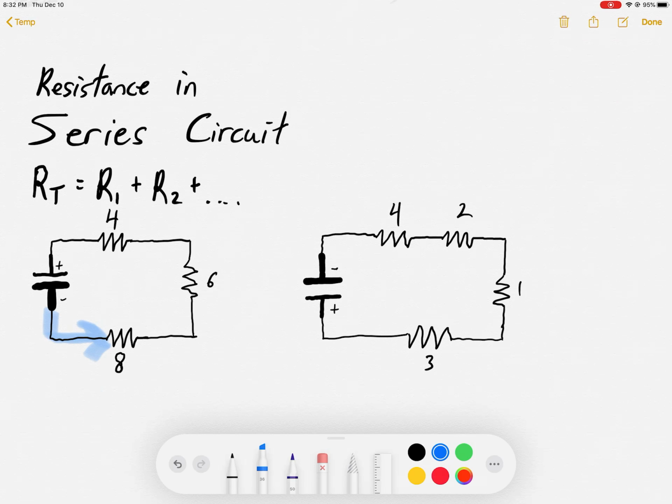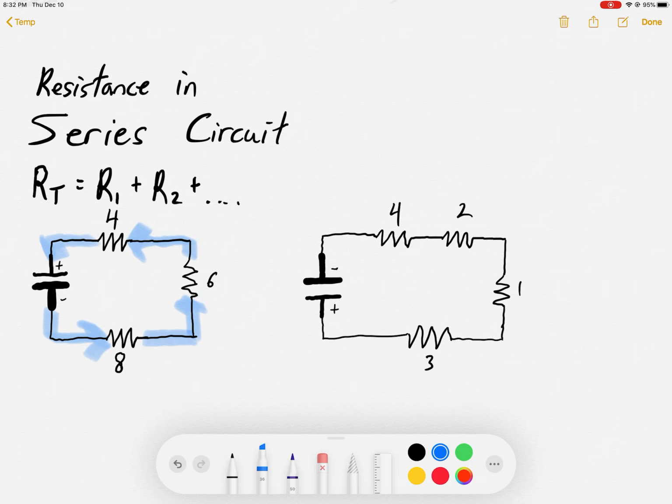It's going to do exactly what a resistor says, which is it's going to help resist some of that electron flow. So it's going to slow it down, which can reduce the current, but it's going to travel over the resistors. And you can see from this circuit, there's only one way that the electrons can move. There's only one way that the current can go. Doesn't matter the placement of the resistors, it can only go that one direction.